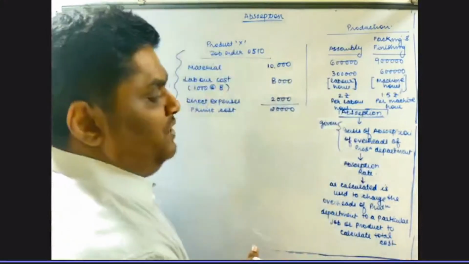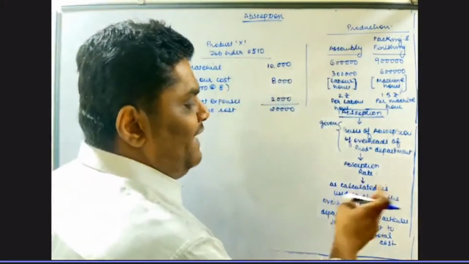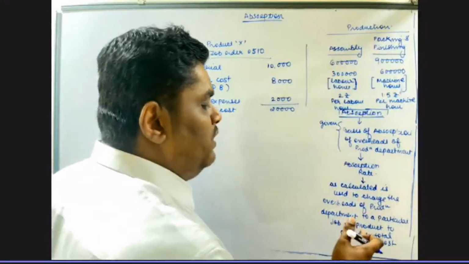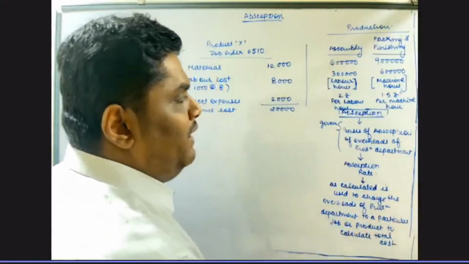So once the absorption rate is calculated, the absorption rate as calculated is used to charge the overheads of the production department to a particular job or to a particular product to calculate the total cost.